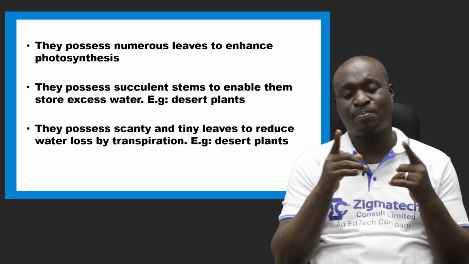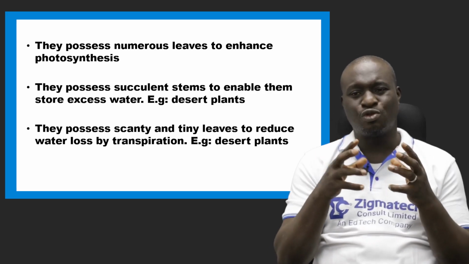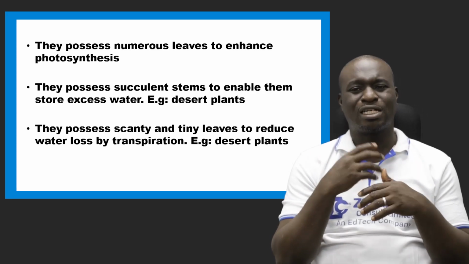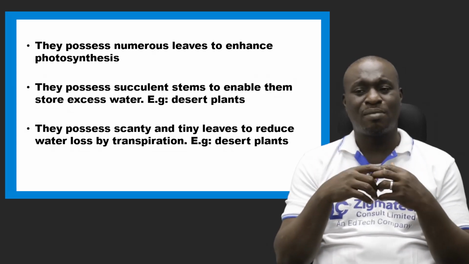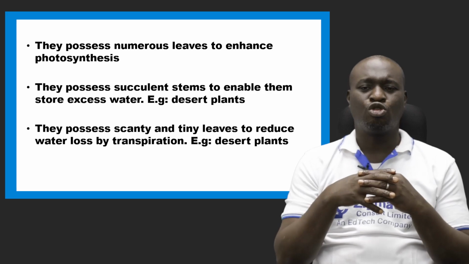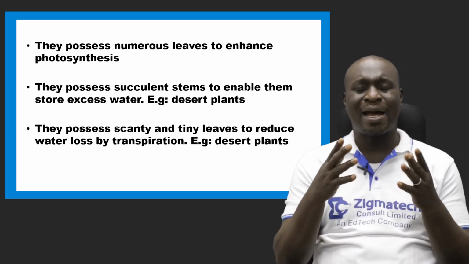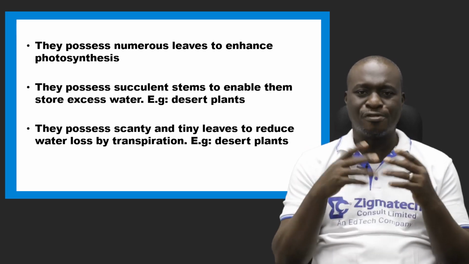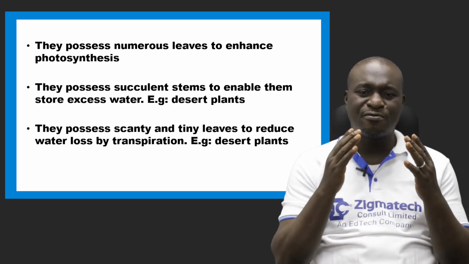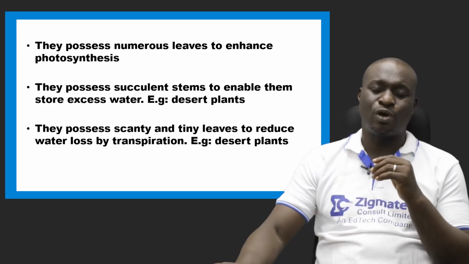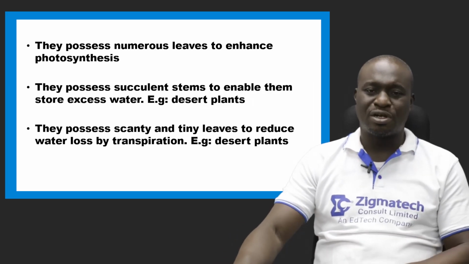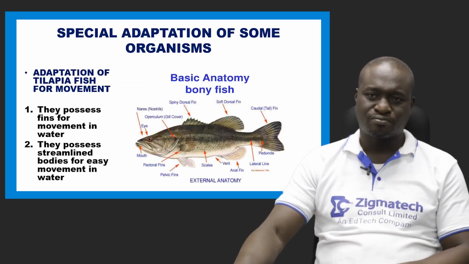They even possess spikes on their leaves so as to reduce transpiration. Some of them possess scanty and tiny leaves to reduce water loss by transpiration. So these are some of the adaptive features possessed by terrestrial plants to help them adapt to terrestrial habitat.